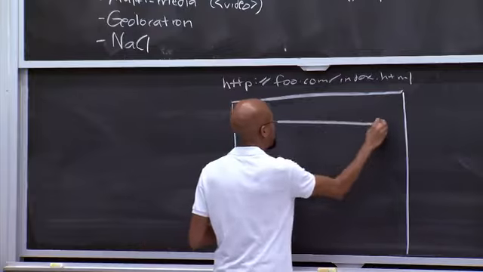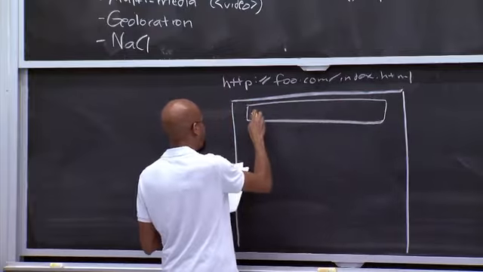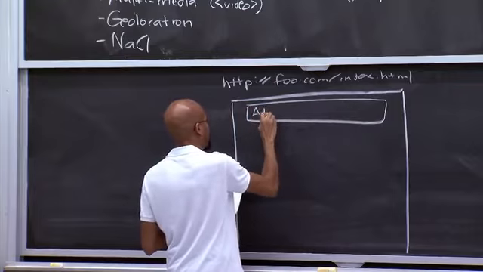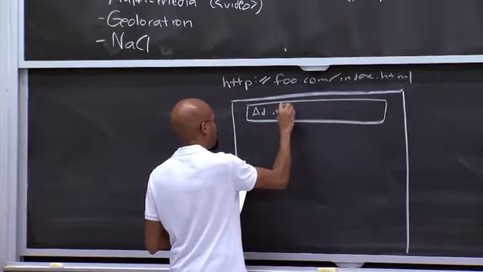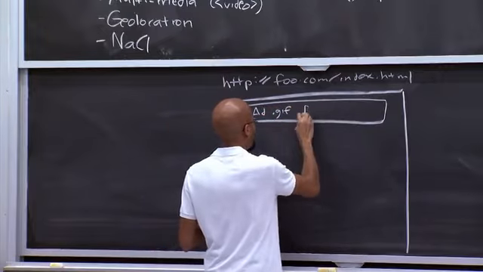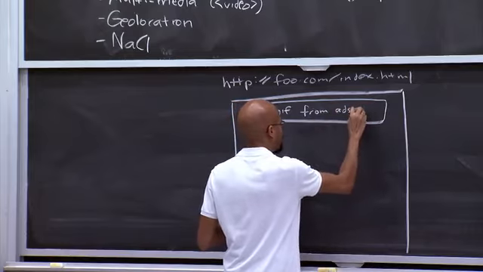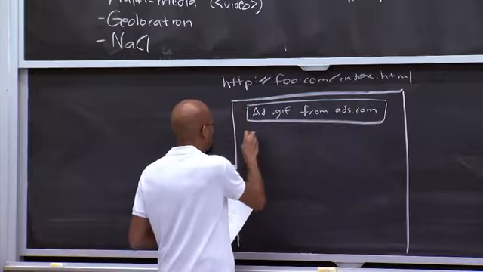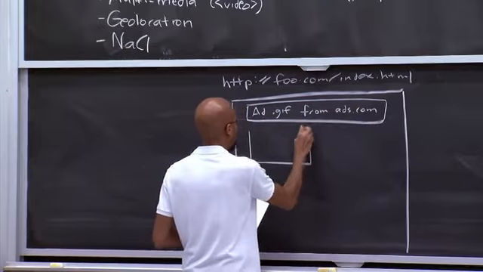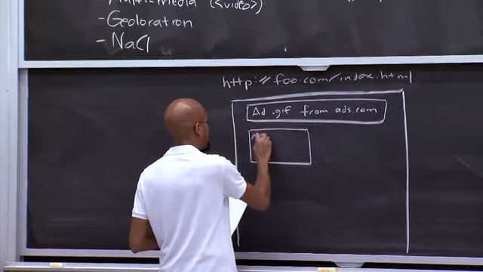So one thing that you might see is an advertisement. So you might see an advertisement in the form of a GIF, and maybe that was downloaded from ads.com.